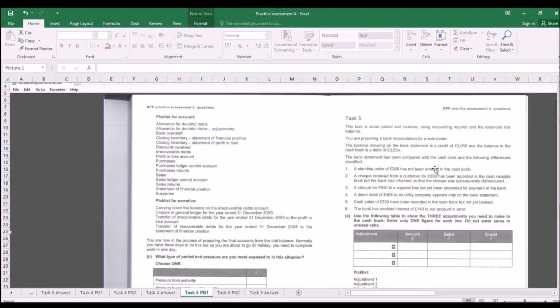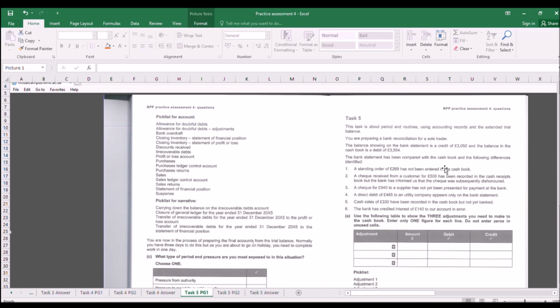Okay, the bank statement has been compared to the cash book with the following differences identified. Okay, so we've had a tick. So what they've done first of all is they've ticked between the bank statement and the cash book, and we've got the following differences. If you're struggling on bank reconciliations, go and have a look at the AAT level 2 bookkeeping controls ones. I pretty much lay out a very foolproof method of bank reconciliations, and we're going to use it here.